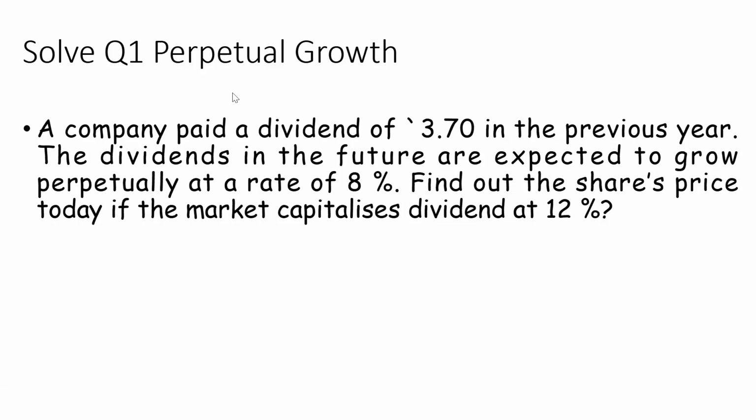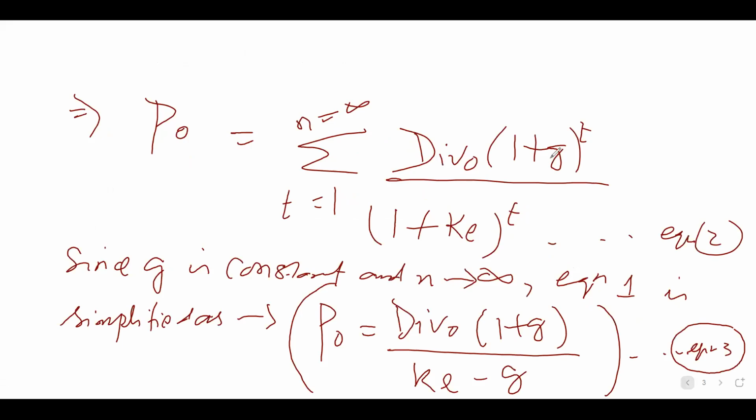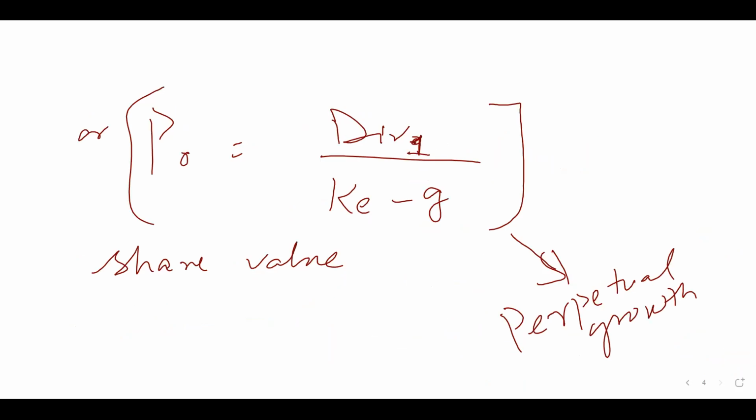Yes, ma'am. I think that's why you got a different answer. See this formula: the numerator is dividend 0 growing at 1 plus g. This is why I have written equation 4 as this, it should be dividend of 1, which means dividend of 0 growing at 1 plus g.